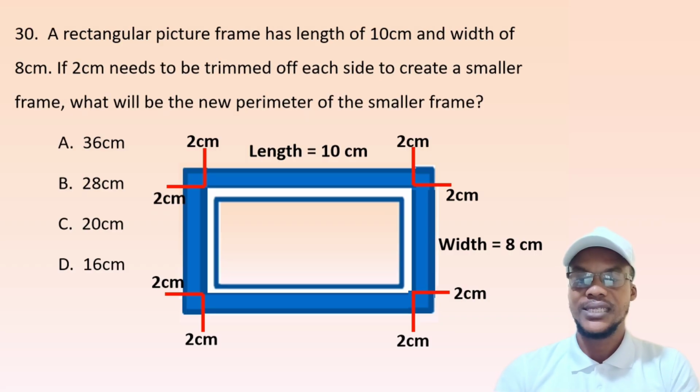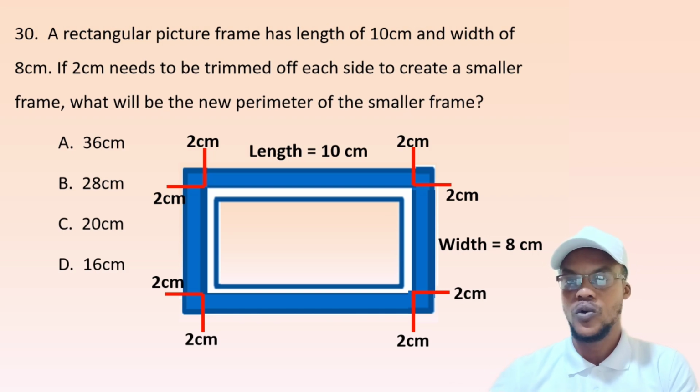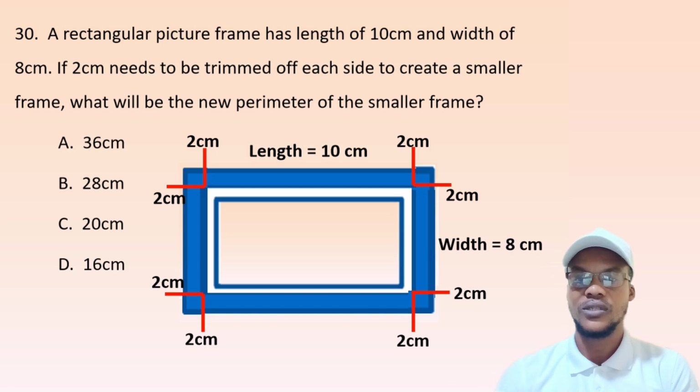So that the frame will be a little bit smaller. So you realize that whenever you cut this side 2 centimeters, you have to cut the other side as well to get the correct frame. And in that case, in each side of the length and the width, we are cutting 4 centimeters. Have you gotten that?